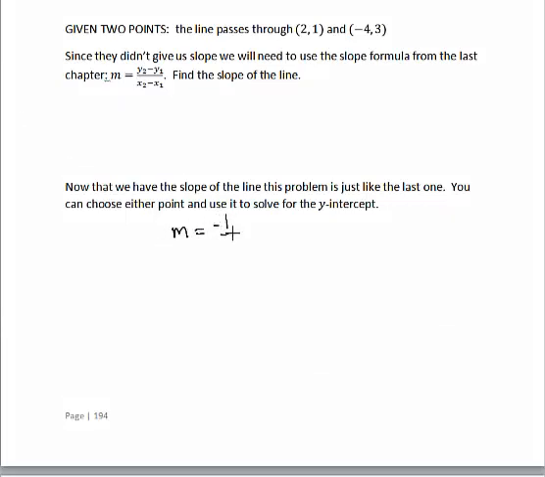So m is -1/3, and so I take that and I insert it into the slope-intercept form of the equation. I don't have my y-intercept. Neither of these points has an x equals 0.